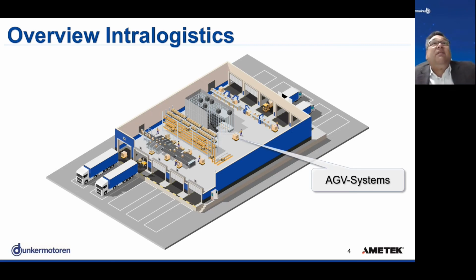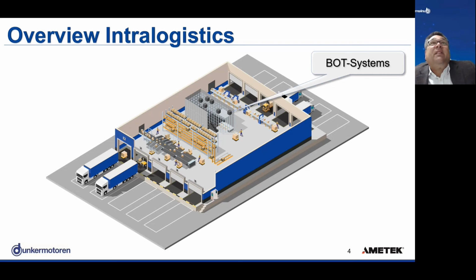And finally, we have AGV systems, automated guided vehicles, which run autonomously sometimes or guided by strips in the floor from point A to point B. And in the end, there is a second system which runs on a high-rise storage system, which are bot systems. They collect and sort goods from the storage and put them together in one box.